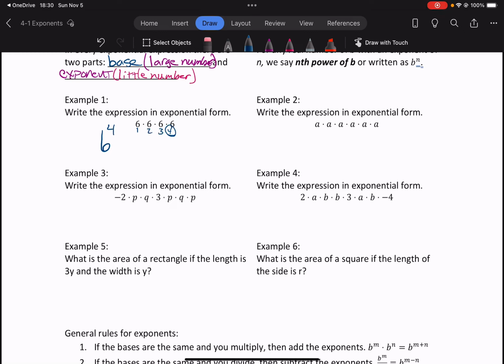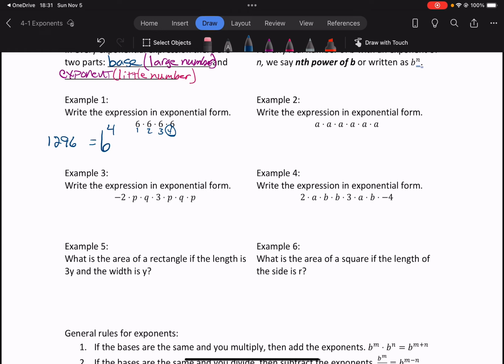So my answer is 6 to the 4th power. Now, sometimes you might have to simplify that out. So you'll do 6 times 6 times 6 times 6, and you'll get 1296. But most of the time, if I say write it in exponential form, just write it this way.